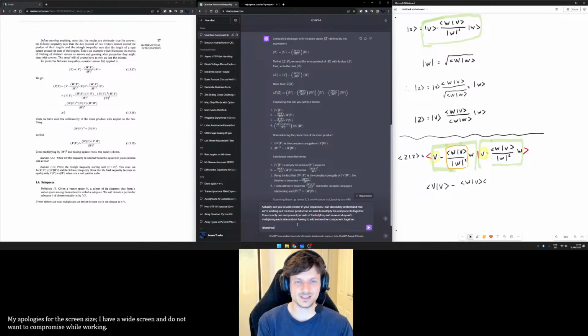I therefore can see the validity in VV. I can also see VV because they are bra and ket, and so the product of them becomes the inner product.